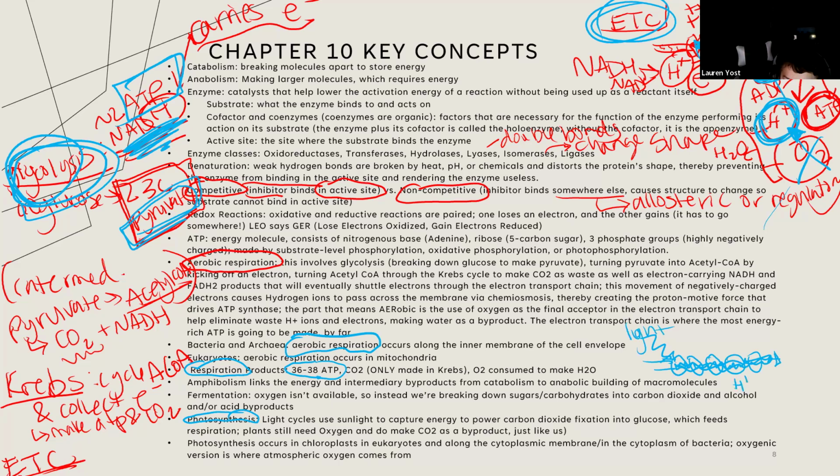Then we have our H pluses that can create this gradient out here. Again, the proton motive force is what this is called. And then those guys can come through ATP synthase the exact same way, and then we'll get ATP made. Make a little bit of ATP just by getting some pigments excited on a membrane. And that's entirely what the light cycles of photosynthesis are for, just to make ATP.